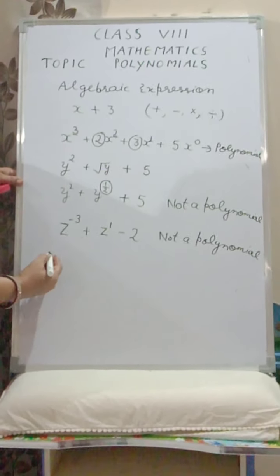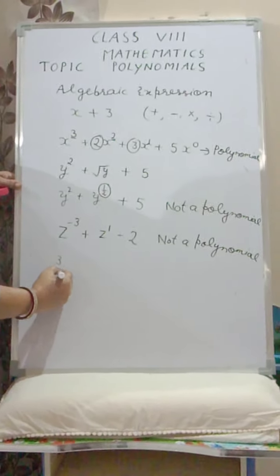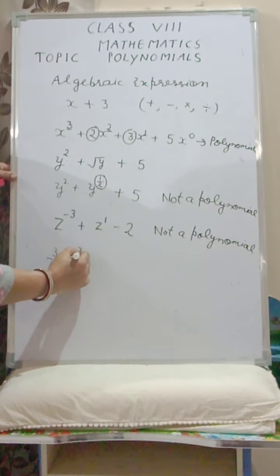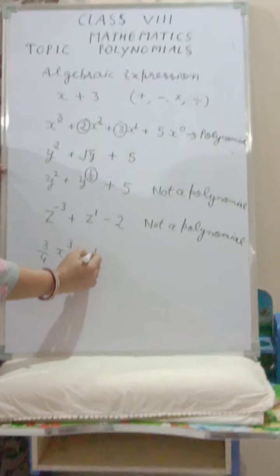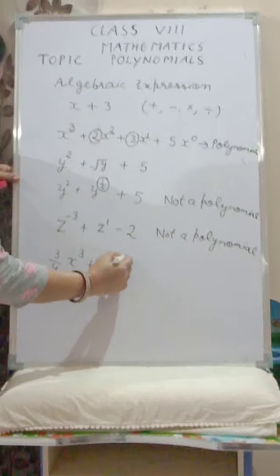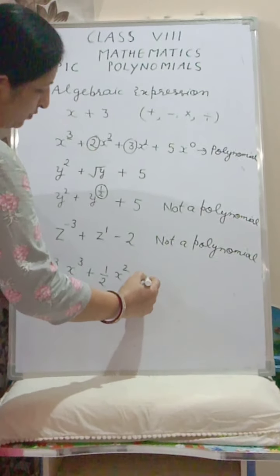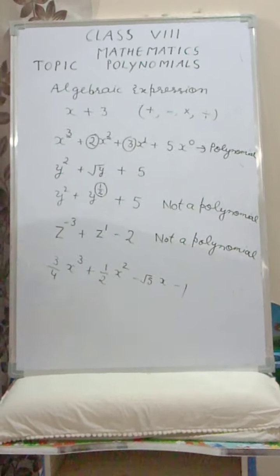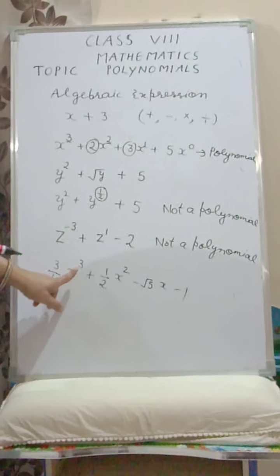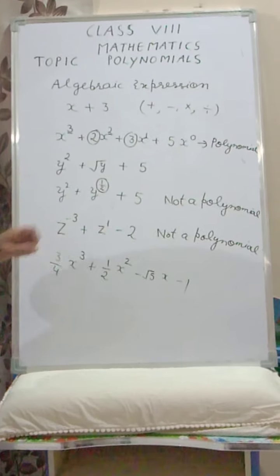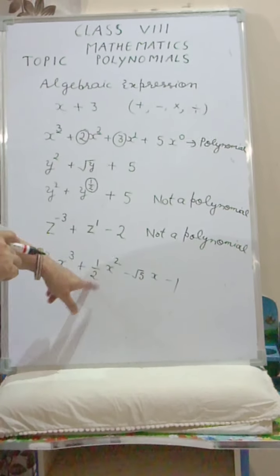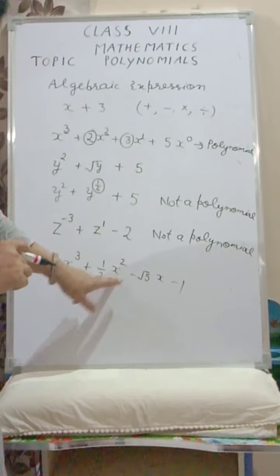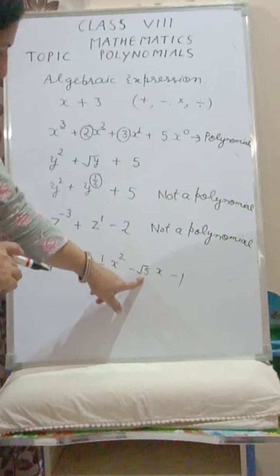It can be 3 by 4 x raised to power 3 plus 1 by 2 x raised to power 2 minus root 5 x minus 1. Here you have to observe only the power of the variable, not the coefficient 3 by 4. 1 by 2 is the coefficient of the second term.